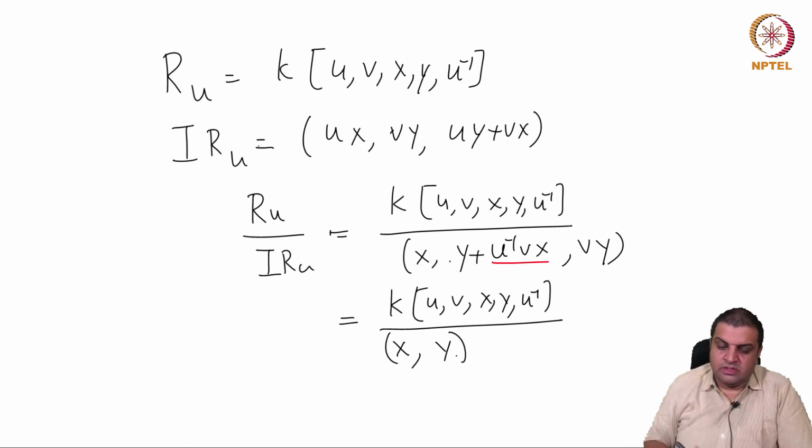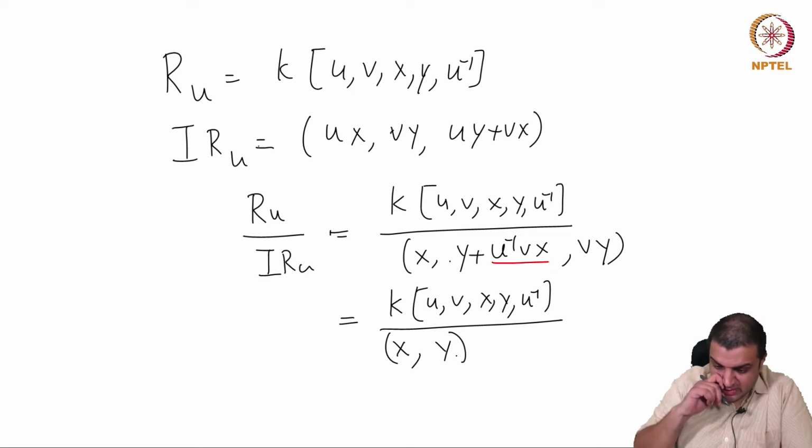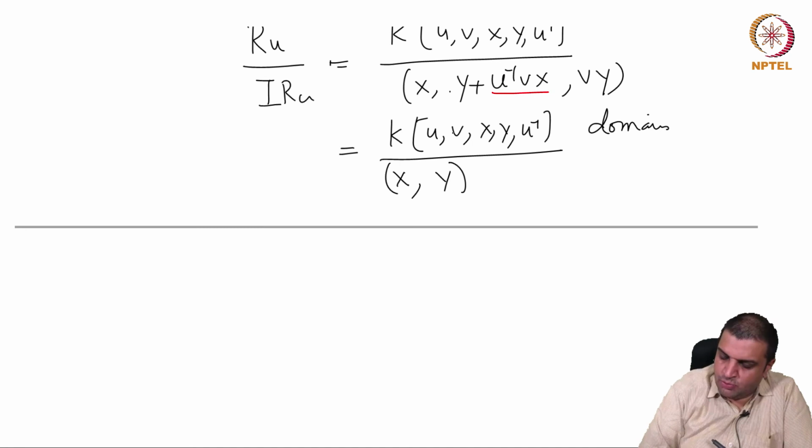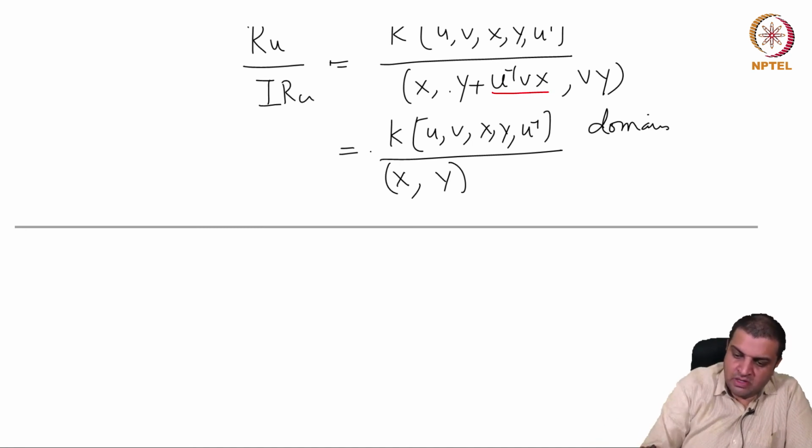So this is just this. But this is a domain. This has only one associated prime. This is just killing x and y here. So it's just k u v u inverse. That is a domain. It has only one associated prime, which is this.